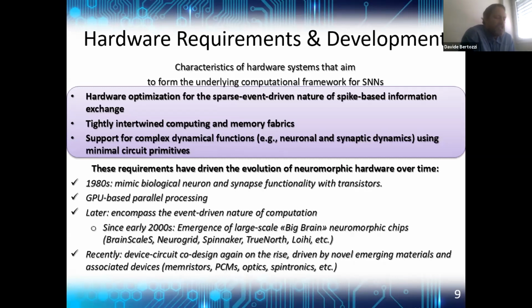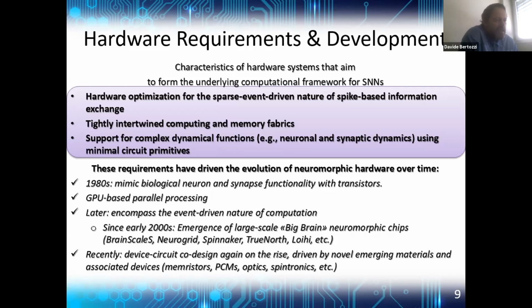These requirements have shaped the evolution of neuromorphic hardware since the early intuition to the current days. As already anticipated, Carver Mead in the 80s exploited the inherent device physics of the MOS transistor in the subthreshold regime, where current and voltage characteristics are exponential, to mimic the exponential neuronal dynamics.